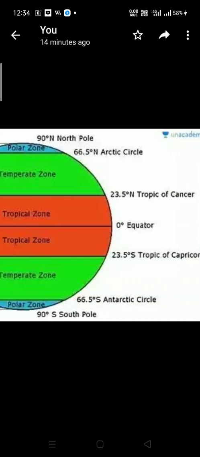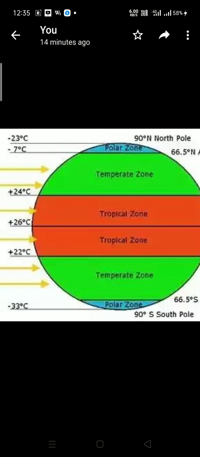Yeah, then if you see the place from Tropic of Cancer to Arctic Circle in the north, and if you see the place from Tropic of Capricorn to Antarctic Circle, those green color, can you see? There the sun's rays are falling slanting, not straight.